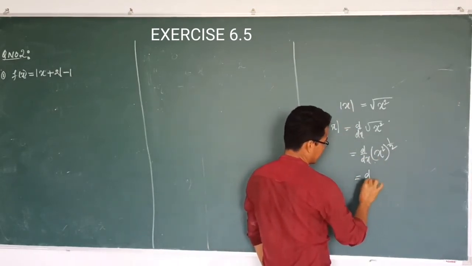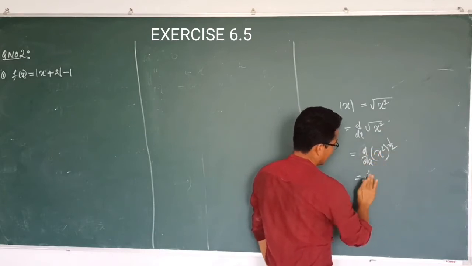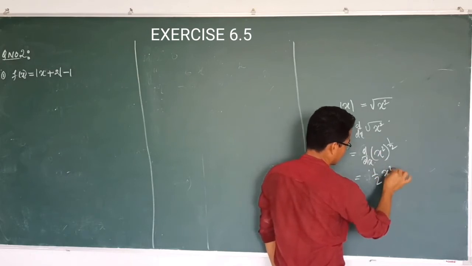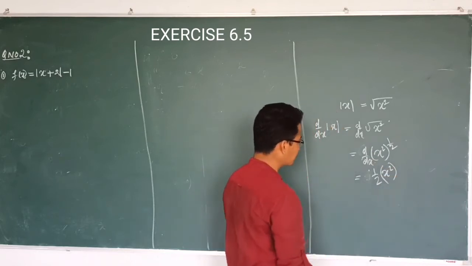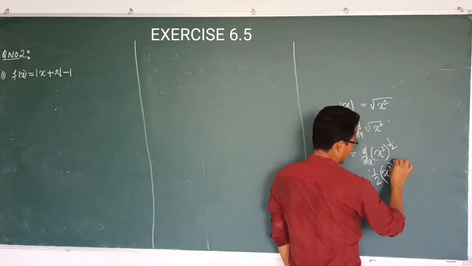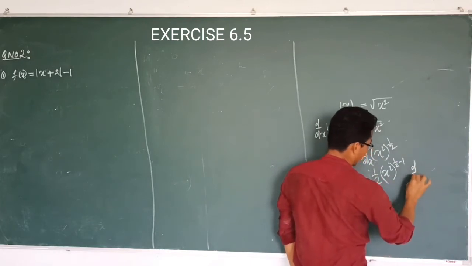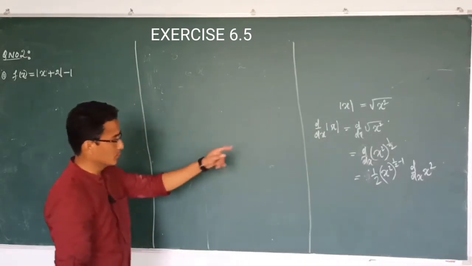If you differentiate this, then 1 by 2 comes here: 1 by 2 times x square to the power 1 by 2 minus 1, and then d by dx of x square. This is the differentiation of modulus of x.